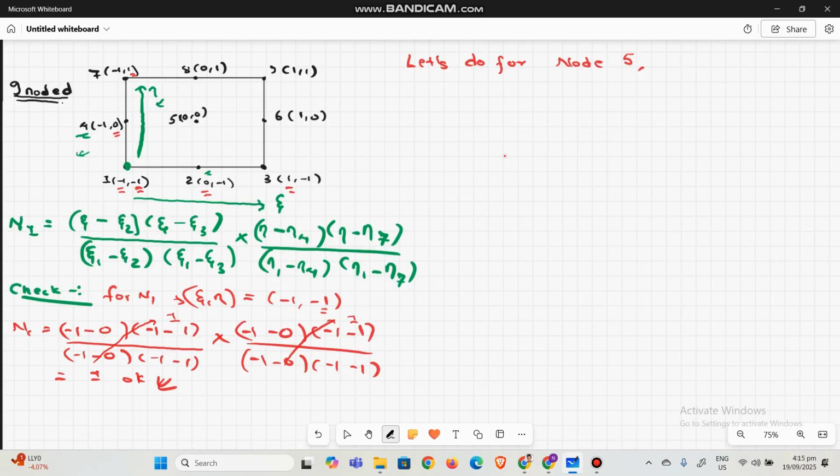Now we are looking at this node, not 5. Then which direction are we going to watch? The first direction is this one for xi, and for eta we are going to watch in this direction.